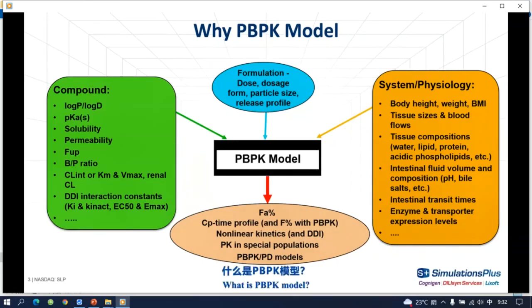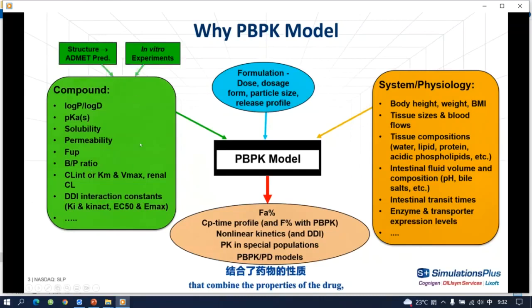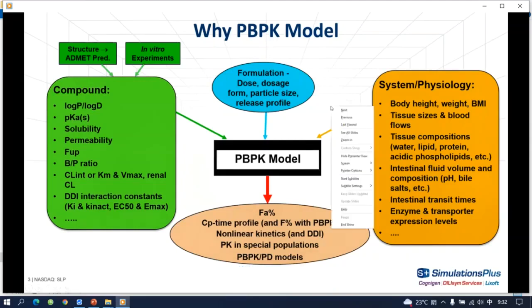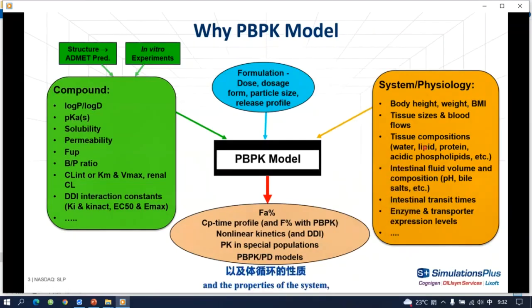So what is a PBPK model? It is a set of mechanistic equations that combine the properties of the drug, the properties of the formulation, and the properties of the system, in this case, properties of the physiology, to simulate and predict how that specific compound within that specific formulation is going to behave when placed within that given system.